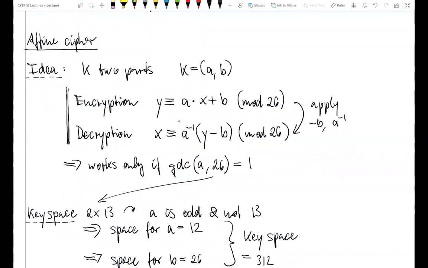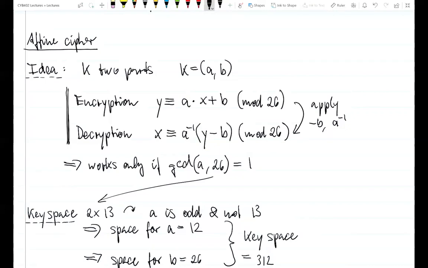So now what we talked about above with the integer rings comes in handy. We can only choose an A that actually has an inverse. So it works only if the greatest common divisor of A and 26 is 1.